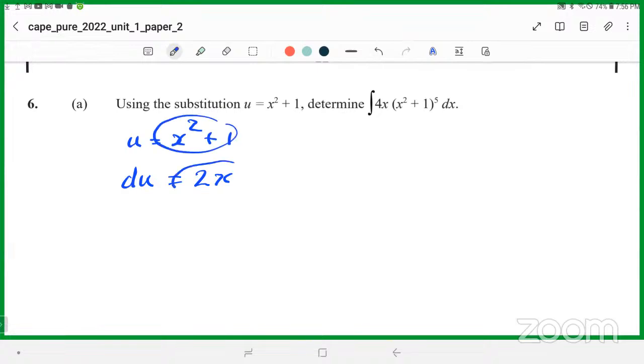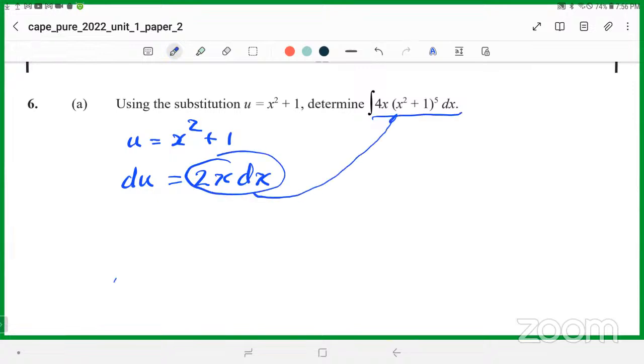Differentiate it the normal way, we get 2x, but I multiply by dx. So du is equal to 2x dx. I'm looking for the 2x dx inside here now, so I can replace it with the du. How do I find it?